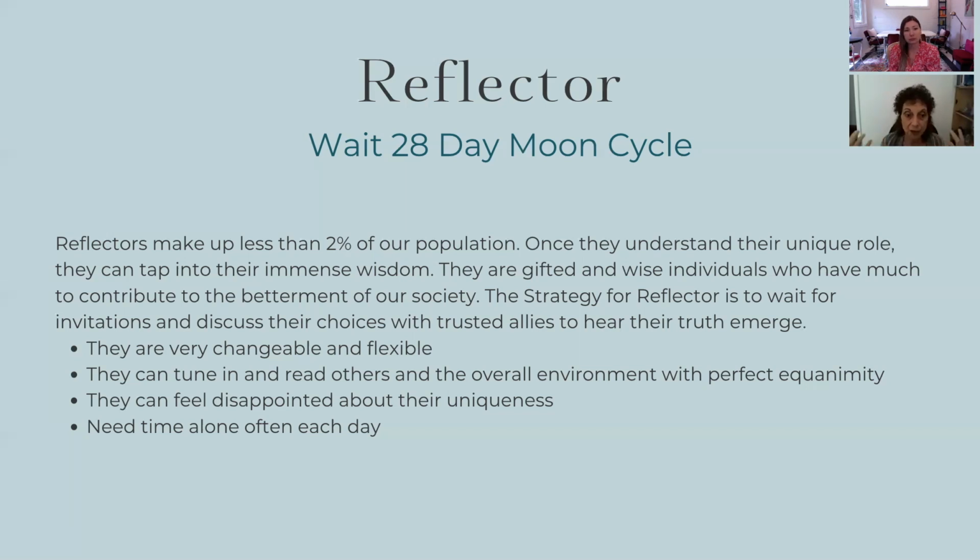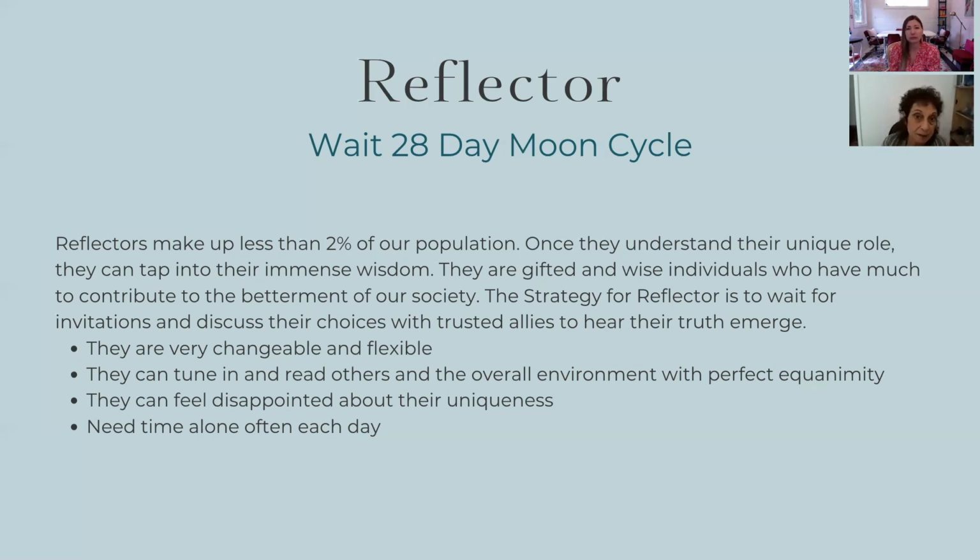They're like the judge: what's the right thing here? What's the most just and right thing to do in this situation or that situation? So they're waiting for these invitations, but they need time. They need time to sit with that invitation. They need time to discuss it with some of their trusted allies and to hear their thoughts.